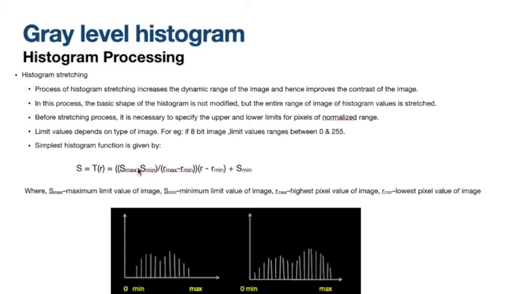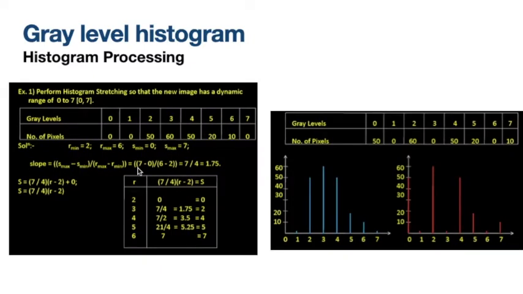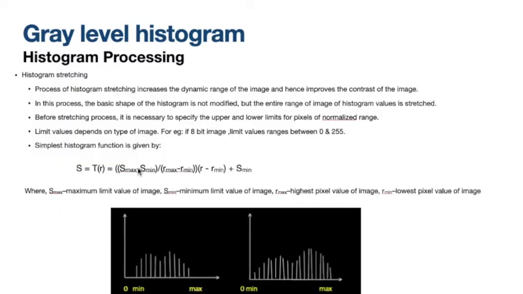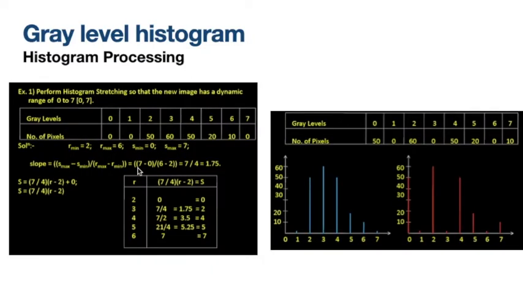Okay, so what is S max? S max is the maximum limit value of the image and S min is the minimum limit value of the image. You have already said it has to be stretched to the range of 0 to 7.